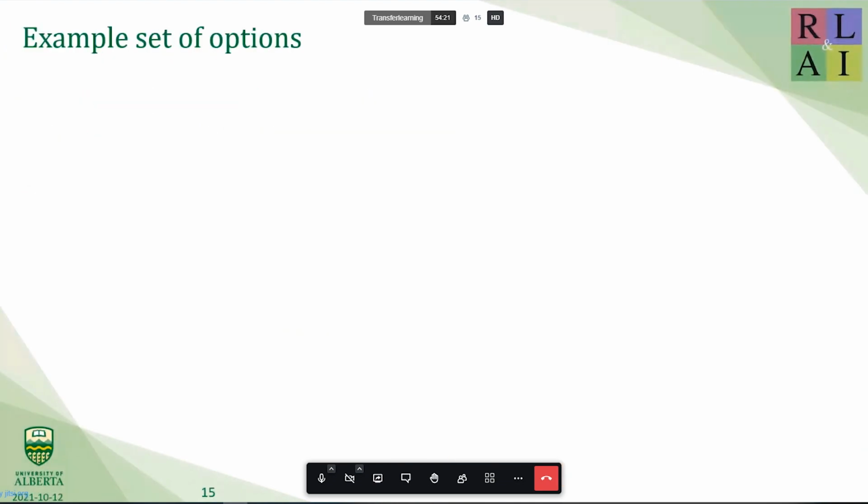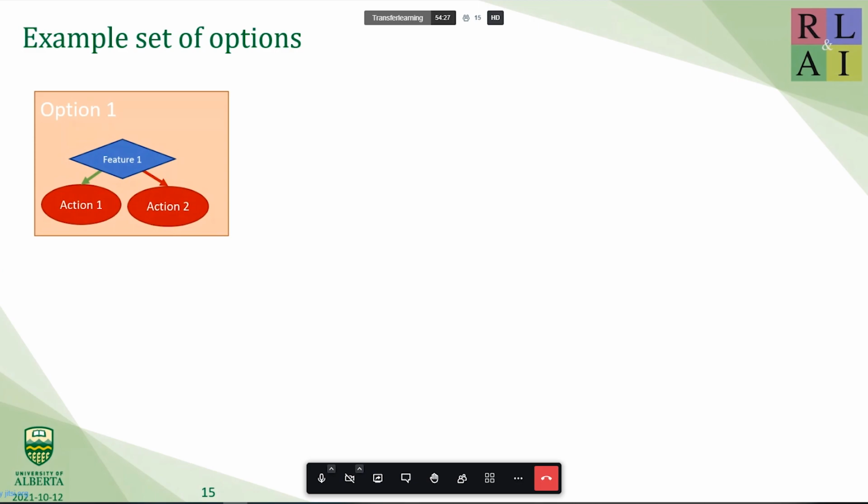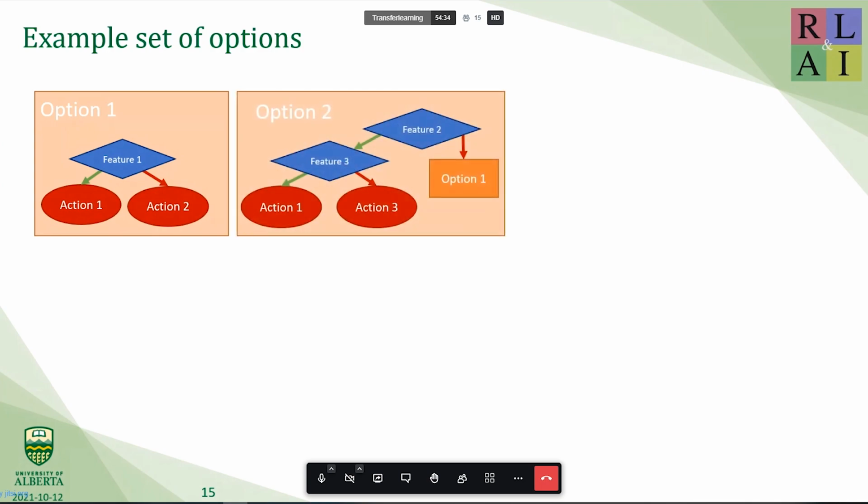Let's take an example of 3 options. Option 1: if feature 1 is true, then you take action 1. If feature 1 is false, then you take action 2. Option 2 is a bit more complex, with the same thing for feature 2. If feature 2 is true, then you look at feature 3.